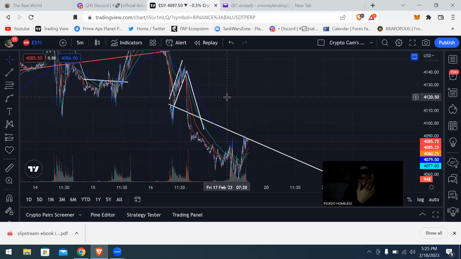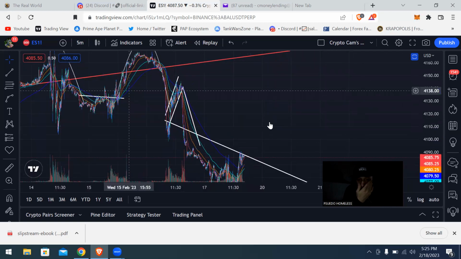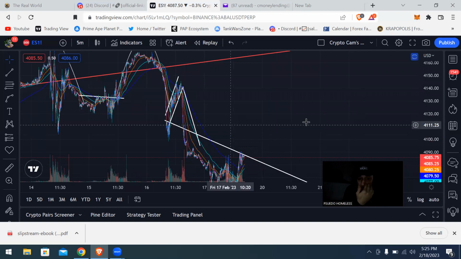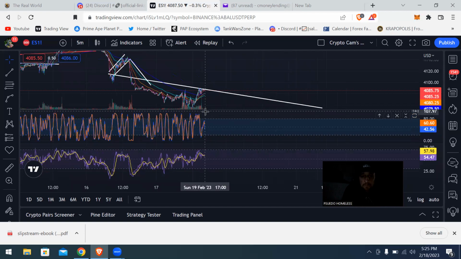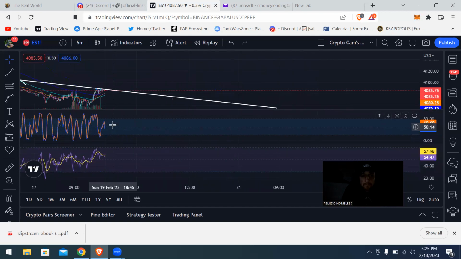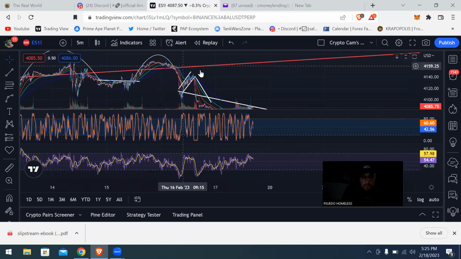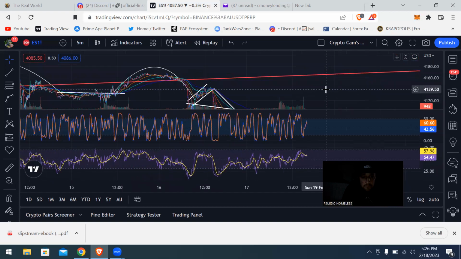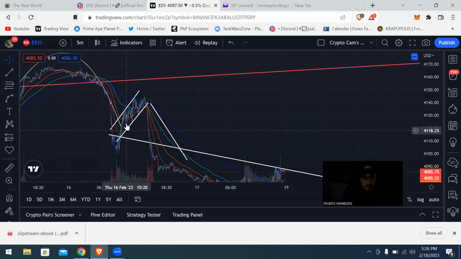So let's say you're trying to see if price is going to go down, and you have the cat ears pattern going down, and then you have the stochastics showing that price is going to go down, right here, and then you have a wedge. So wedges, rising wedges are bearish. If you see price start to shoot up in this channel and go sideways and up, that's a bearish sign.